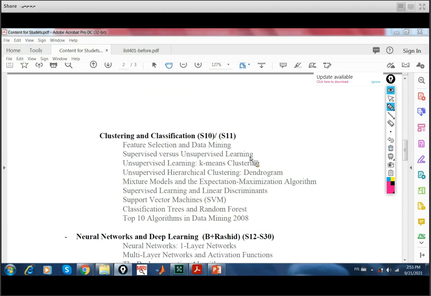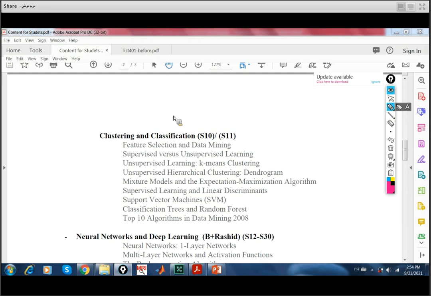Like SVM, support vector machine, classification trees, and random forest. And we will introduce the top 10 algorithms in data mining. Okay, this is the topic.